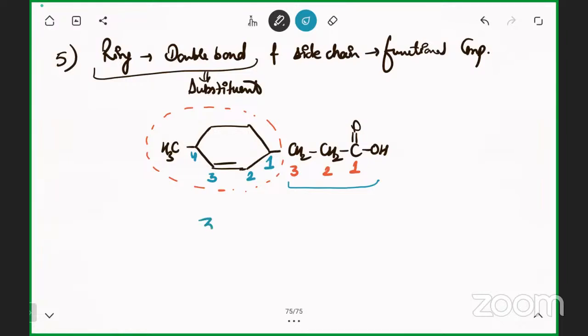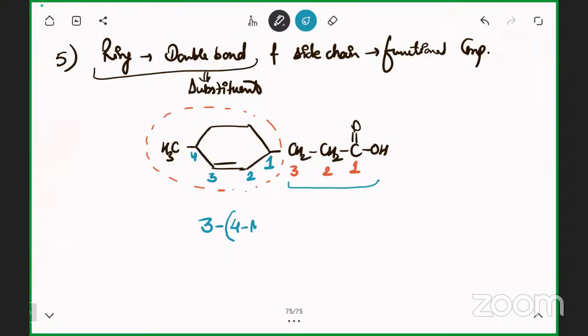So it will be 3. You'll write 3 first, just because the substituent is on the third position. Then you'll write a dash. Then you'll use parenthesis. Then on the fourth position in this ring, what do we have?